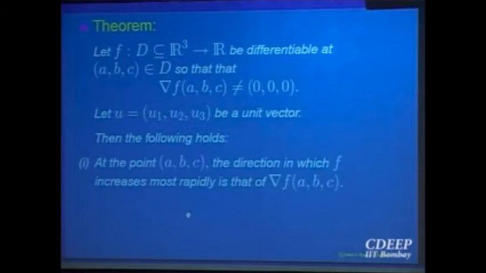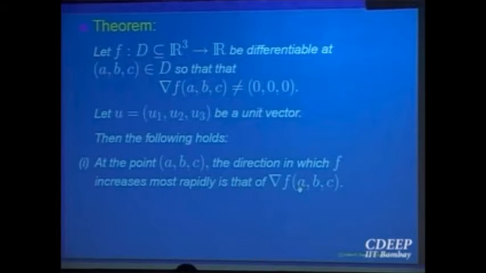At the point (a, b, c), the direction in which f increases most rapidly is the same as that of the gradient, because when cos theta is maximum, theta is equal to 0. So u and the gradient vector should have the same direction.